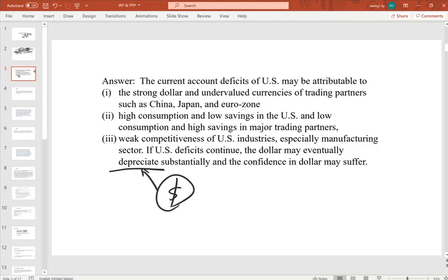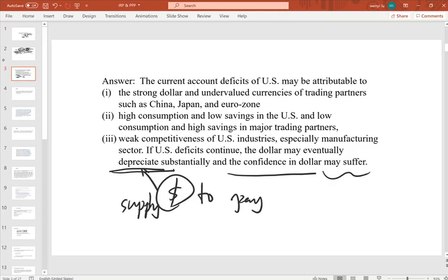We must supply our dollars to pay our foreign trade partners, so the supply is more than demand, and the dollar will depreciate. The confidence in the dollar will suffer. Eventually, we cannot continue to print more money because it will cause inflation, so eventually our dollar will depreciate.